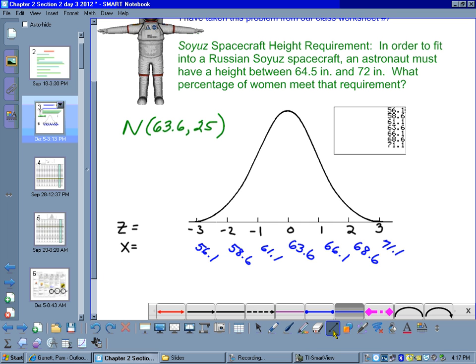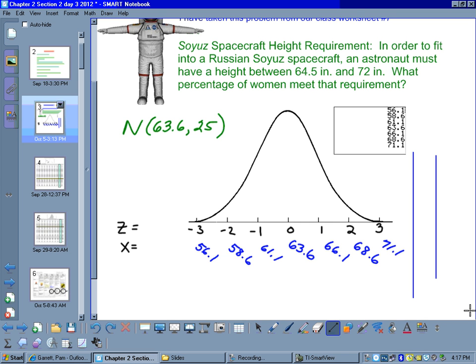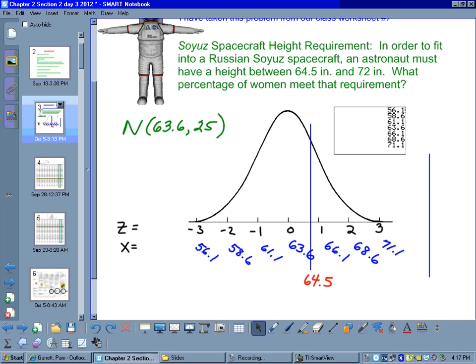So to take a look at that, I'm going to draw lines. I'm going to put my first line at where I think approximately 64.5 inches will be, and my second line at approximately where I think 72 inches would be.